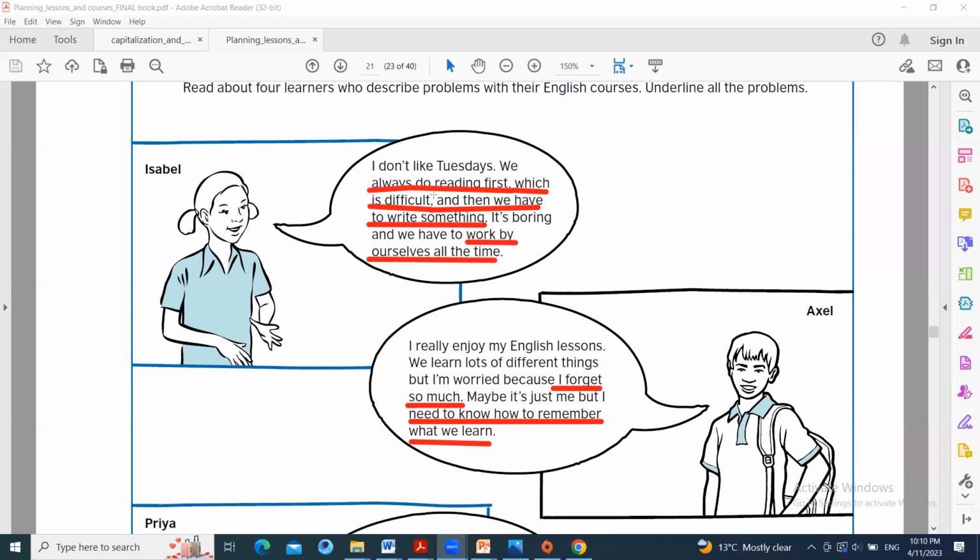So here, as you see, Isabel's problem is that they do reading first, and she thinks it's difficult, and then she said, we have to write something.